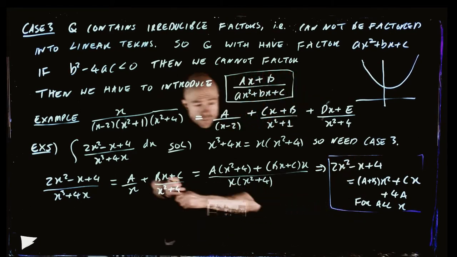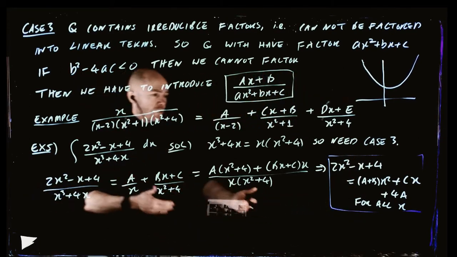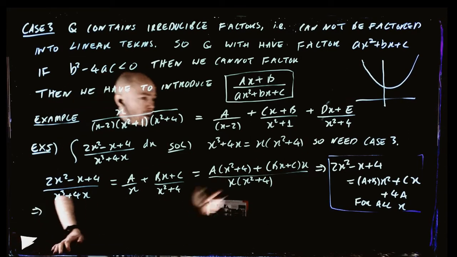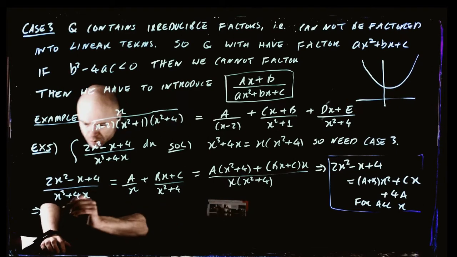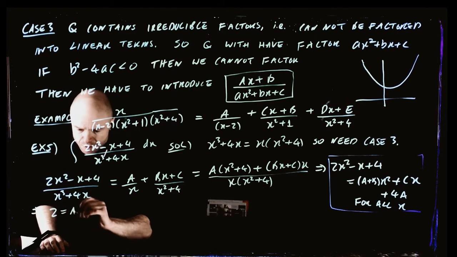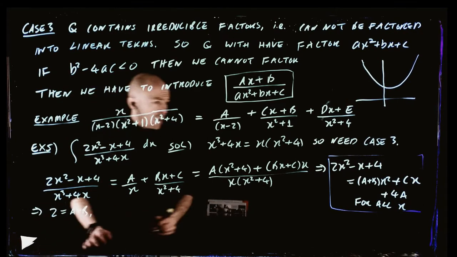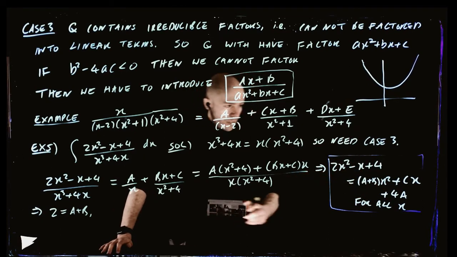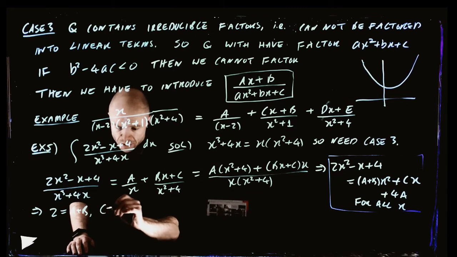So that means we have 3 equations that we extract out. We extract out the equation comparing the x squared term. So we're going to have 2 is equal to a plus b. So 2 equals a plus b. Comparing the x, we have minus 1 is just equal to c. So that's easy. So c equals minus 1.